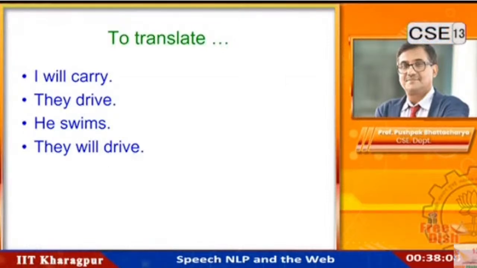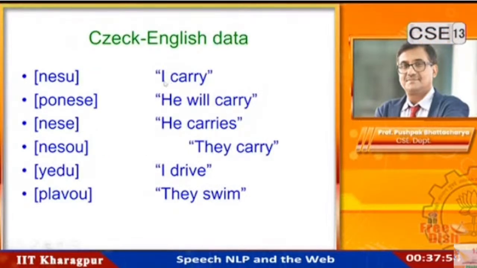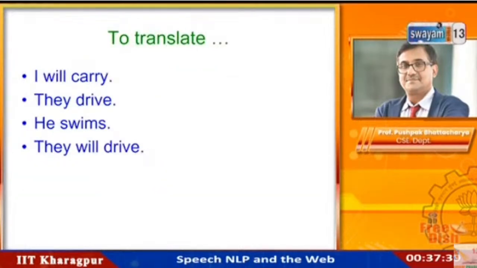And that was happening because of this clean correspondence between subwords of Czech and tokens of English. So what I mean by that is that I was traced to u, which is a morpheme for Nesu, and carry was traced to Nes, which is the stem for Nesu. So this kind of clean correspondence existed.